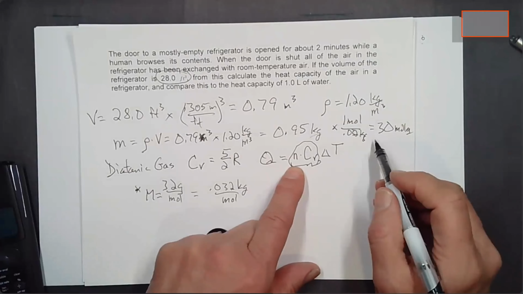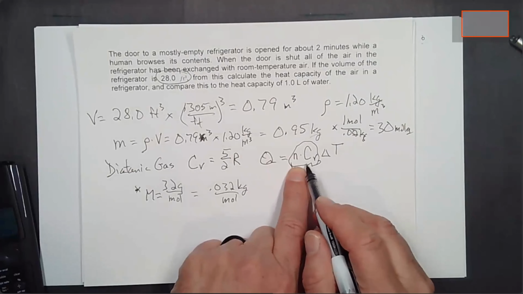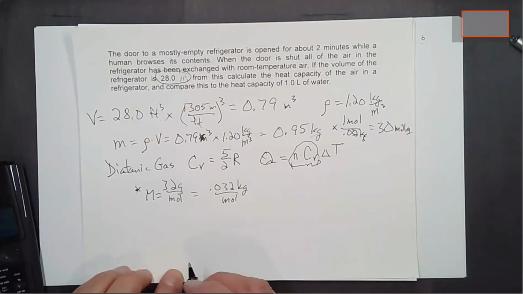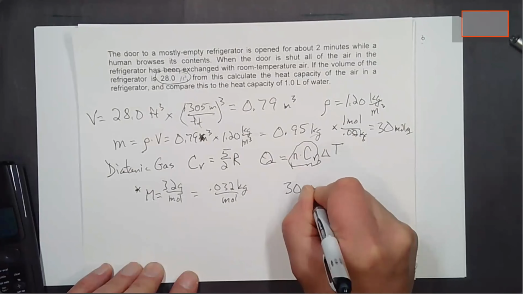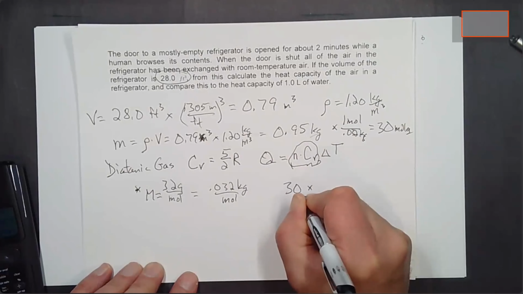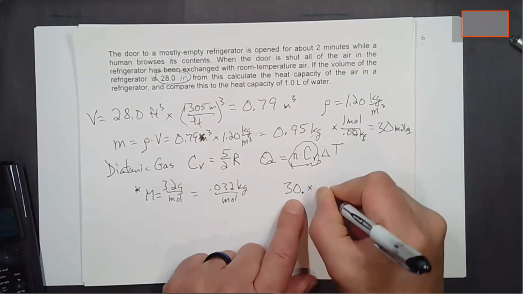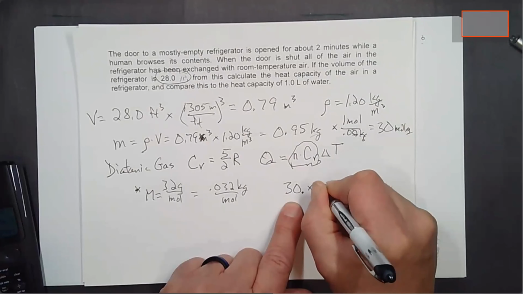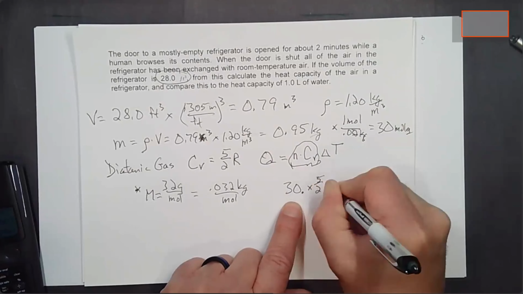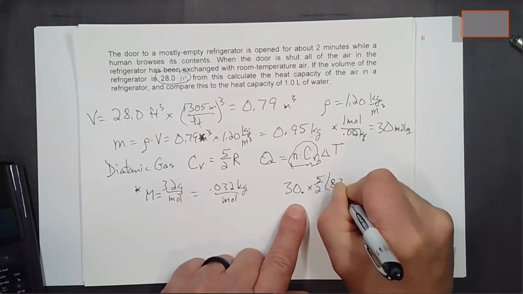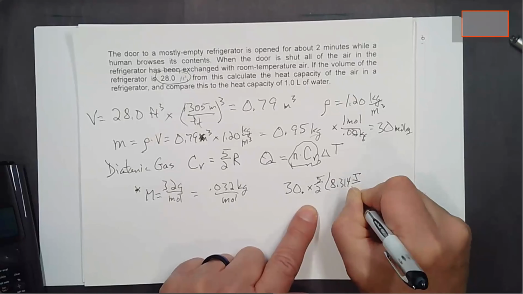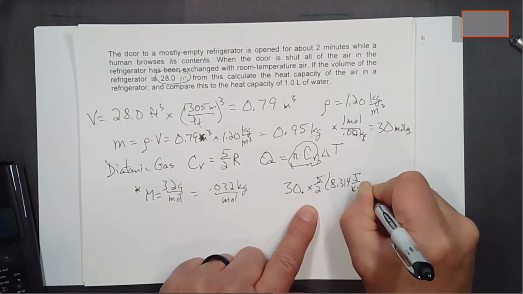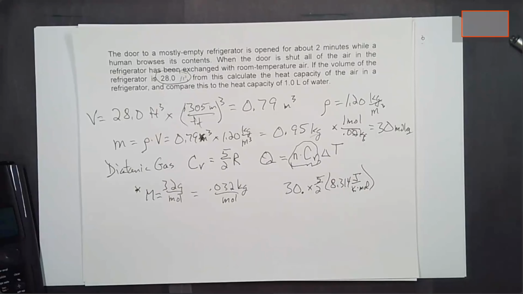Okay, so I just have to take this 30 moles and multiply by C sub V. So 30 times, and this is two significant figures, times 5 halves times 8.314 joules per Kelvin mole, I guess is what we're doing here.